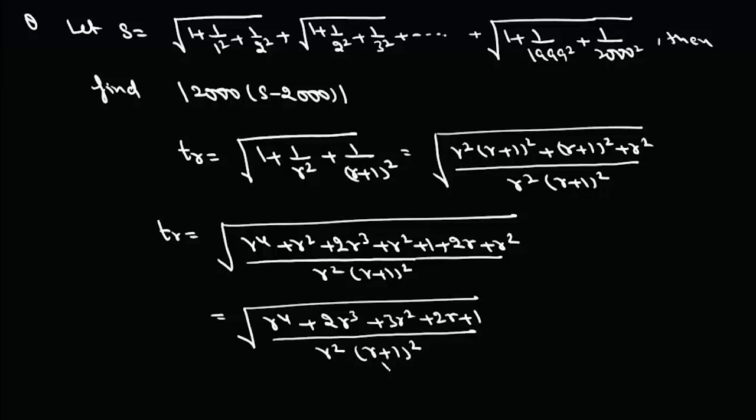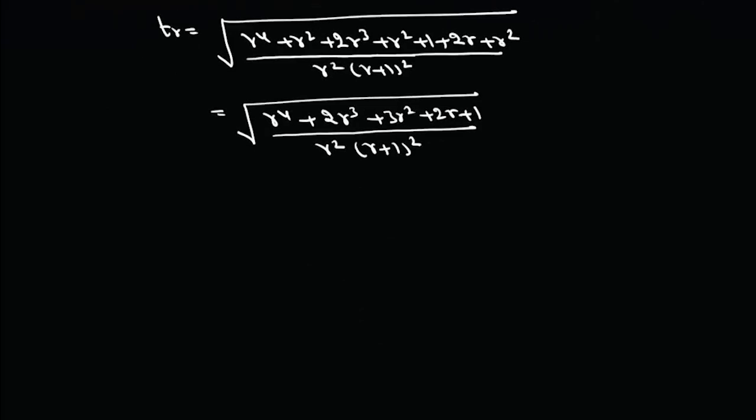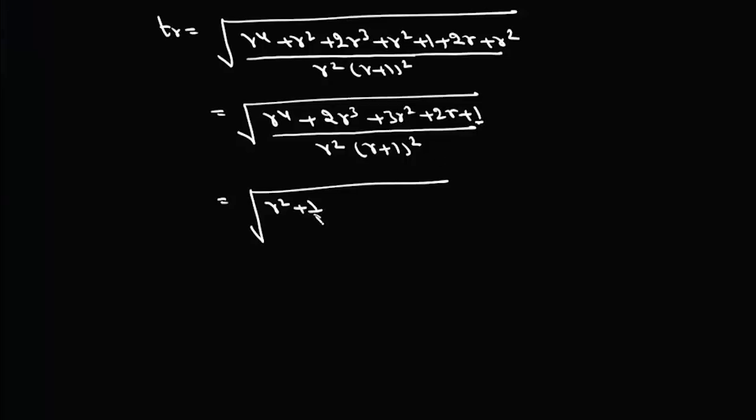Now if we divide everything with r square, we can write this as r square, and we'll take this 1, so it will be 1 upon r square plus, now this is 2r, and here will be plus 2 upon r plus 3, and upon r plus 1 square.